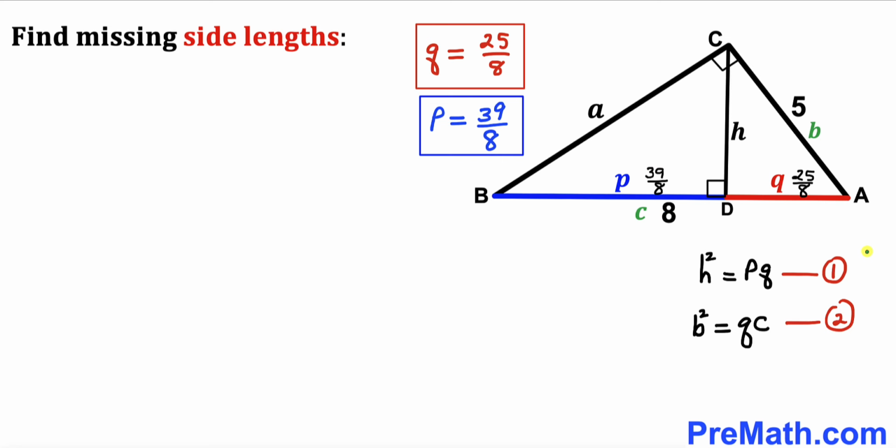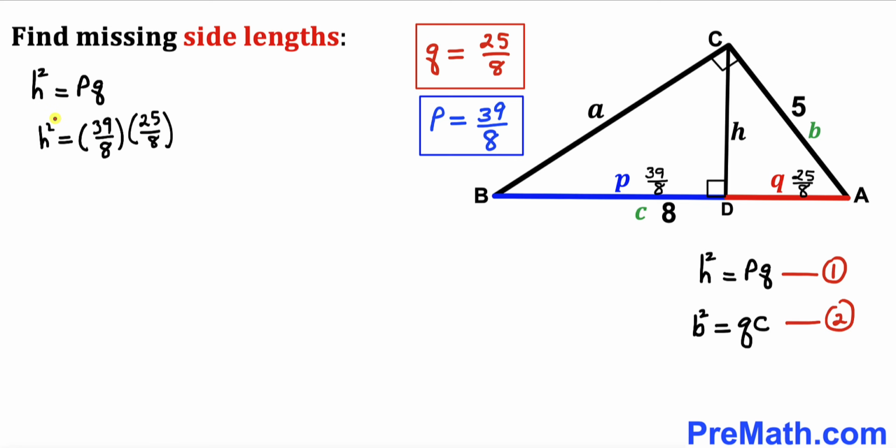And here's the next step. Let's focus on this equation 1. And here I have copied down our equation 1, h square equals p times q. And now we know our p value is 39 divided by 8 and our q value is 25 divided by 8. So therefore after substitution, h square equals 39 divided by 8 times 25 divided by 8.